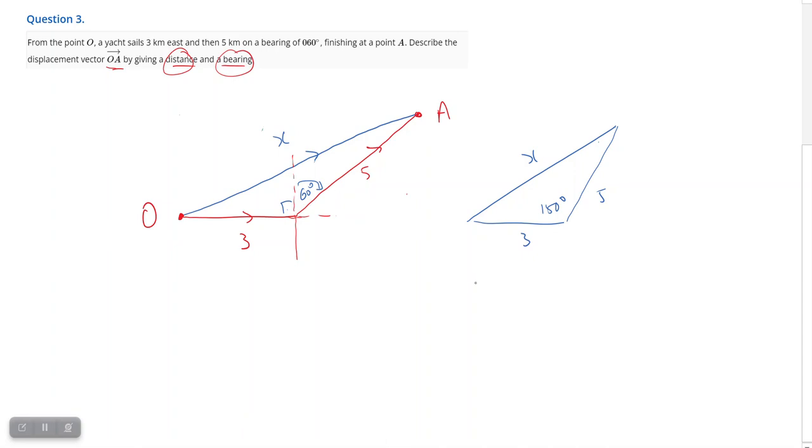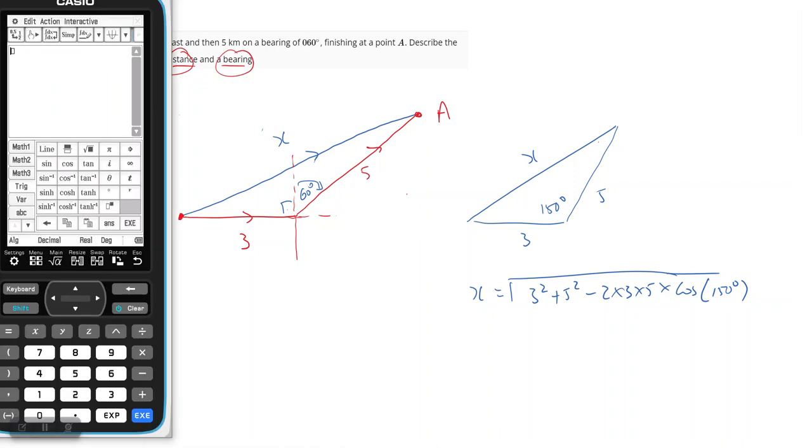Using the cosine rule, x equals the square root of 3 squared plus 5 squared, minus 2 times 3 times 5, times the cosine of the angle between, which is 150. I'm going to work that out: square root of 3 squared plus 5 squared minus 2 times 3 times 5 cosine of 150.